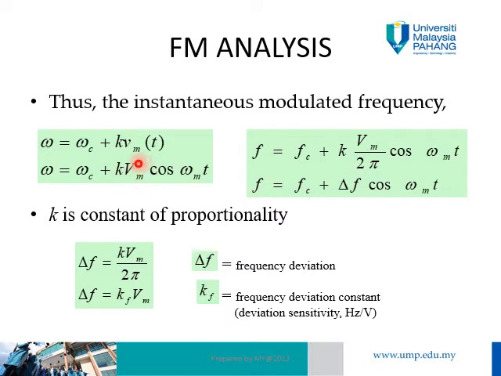This part is divided by 2 pi. So at the end we have fc plus delta f cos omega mt.